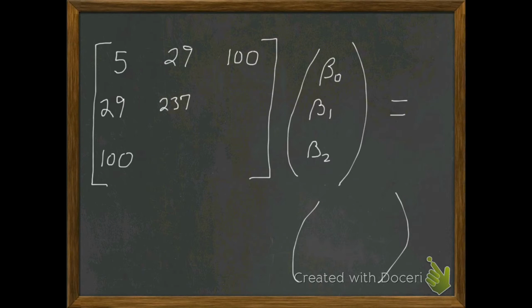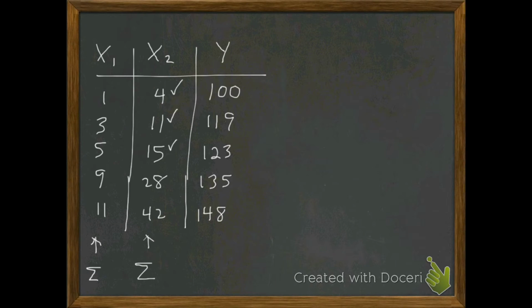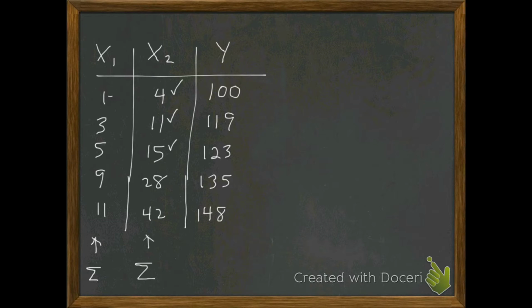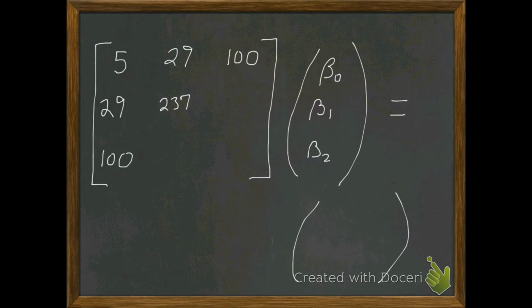No, wait a minute, I think I messed that up. I did mess that up. For this one, I'm taking the data in x1 and squaring those. So I take 1 squared plus 9 plus 25 plus 81 plus 121, and I get 237 in the middle.